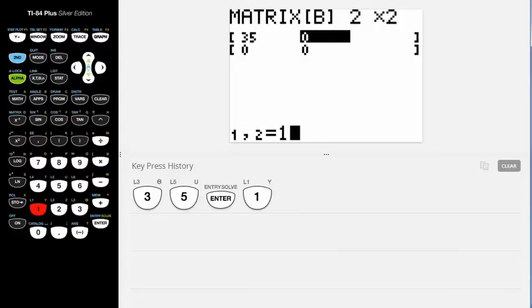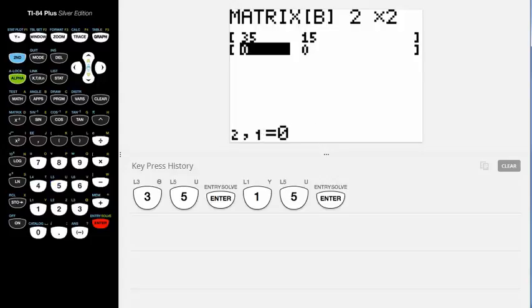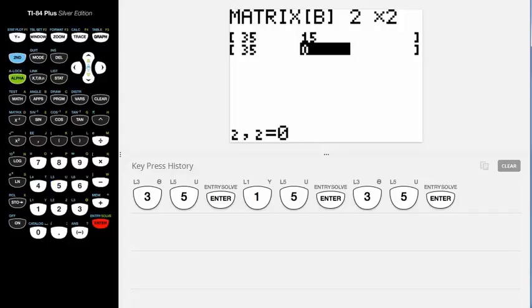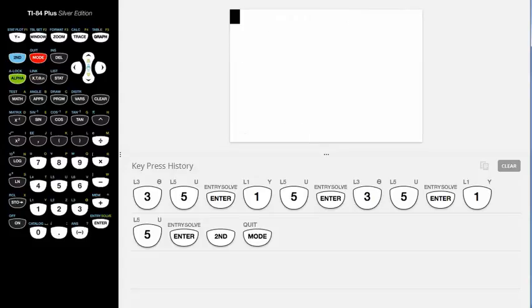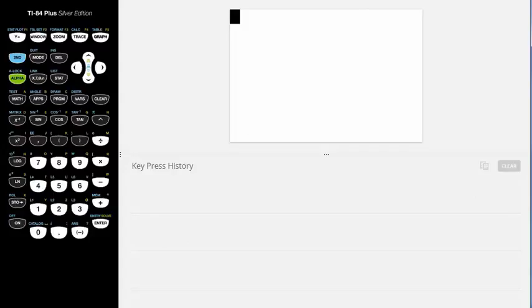Lowercase a, capital B is 15. Enter. Lowercase b, capital A is 35. Enter. And lowercase b, capital B is 15. Enter. I'm going to type second, mode to quit and go back to my main screen.